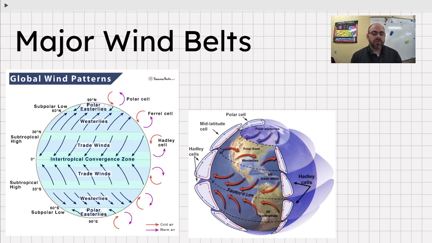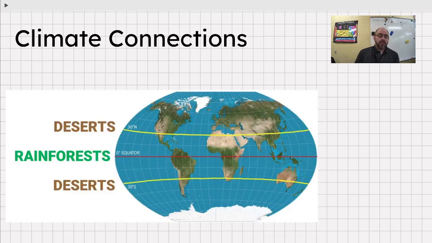These wind patterns and warm and cold air patterns affect our weather quite a bit, right? They affect where you see precipitation on Earth. You see precipitation near the equator quite a bit because that warm air rises, lets go of all of its moisture, and precipitates down to Earth, and you have rainforests near the equator.